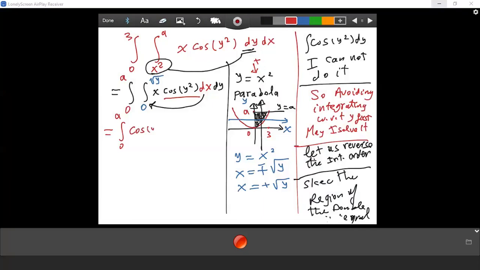Okay. And then I will integrate from 0 to root y, only x dx. And when I finish this one, I'll go back to integrate with respect to y. The integration of x dx is what? It is x squared over 2, and you have to substitute by the upper bound first, and then the lower bound.